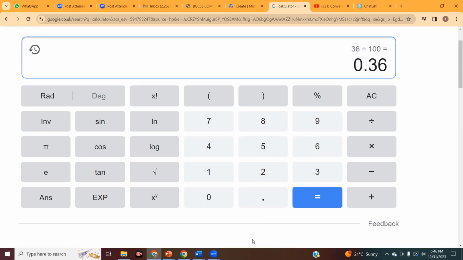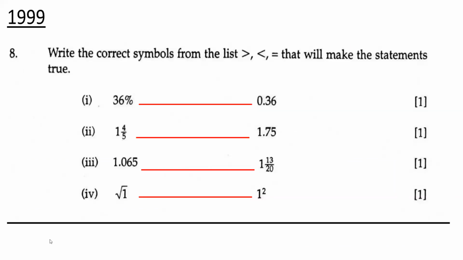And like I said, you can get that by either dividing by 100 or just by using the percent sign. So if you notice carefully, this quantity is equal to 0.36, and this is actually equal to 0.36. So that means that they are equal. Okay, they are equal.